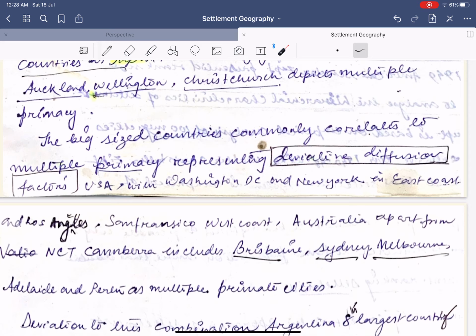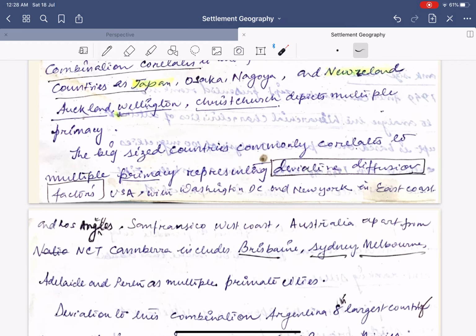Next, big sized countries commonly correlate to multiple primacy. Let us take the United States of America. Multiple primacy means we have a larger number of cities. Example, in the USA we have Washington DC and New York on the East Coast.